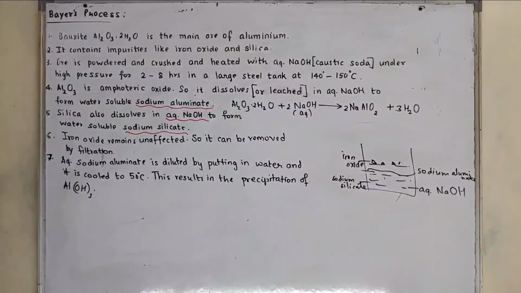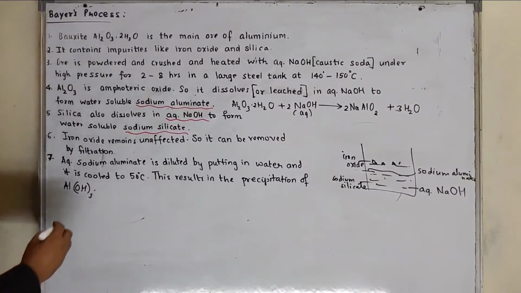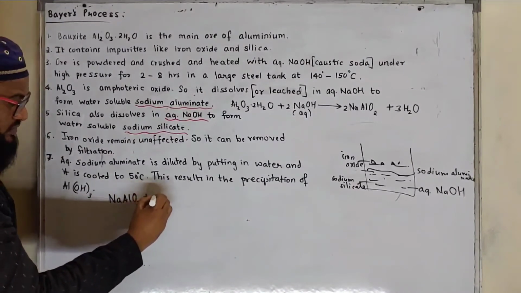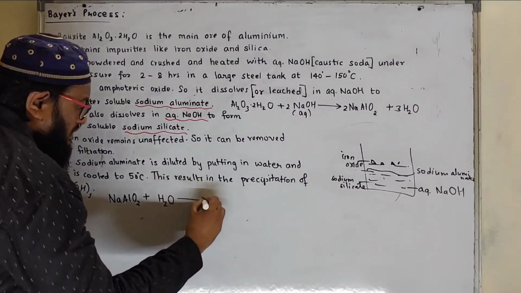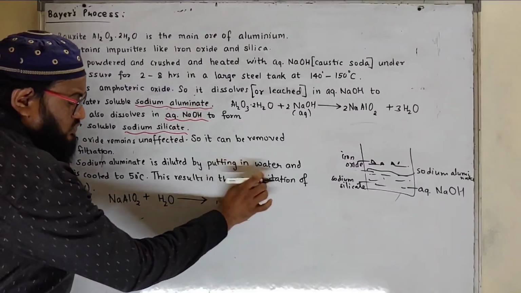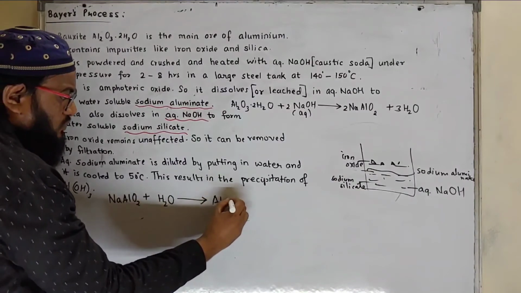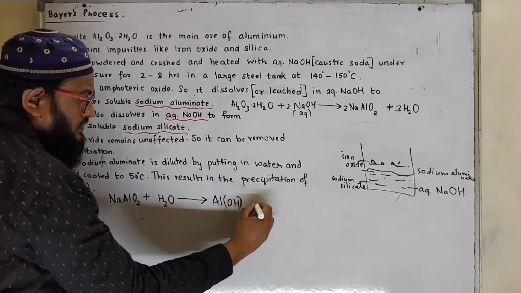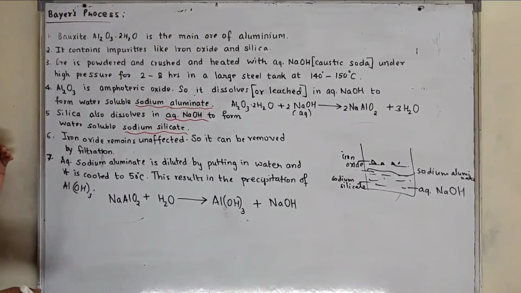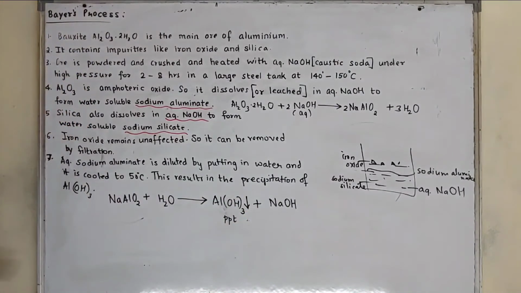The equation is NaAl(OH)4, that is sodium aluminate, diluted by putting in water. Now when it is added with water, it results in the formation of sodium hydroxide and aluminum hydroxide. It will form Al(OH)3 plus sodium hydroxide. Now this is formed as a precipitate. You can balance the equation.